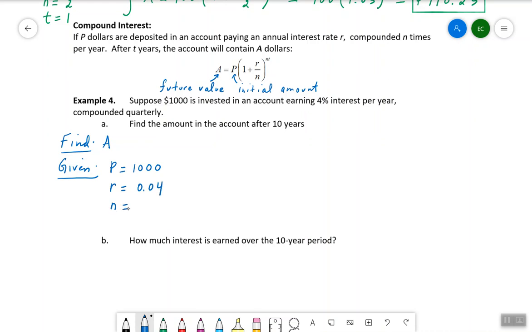And what is N this time? If the interest is compounded quarterly, that's 4 times per year. So N is 4, and then T is 10 for 10 years.